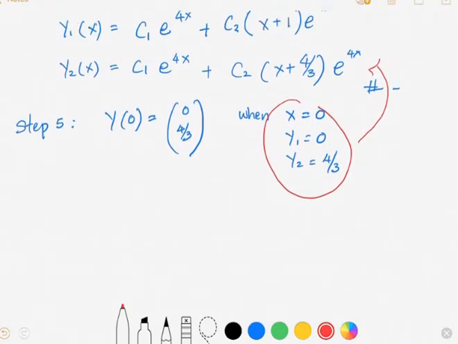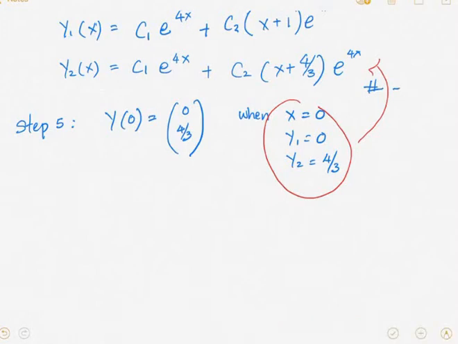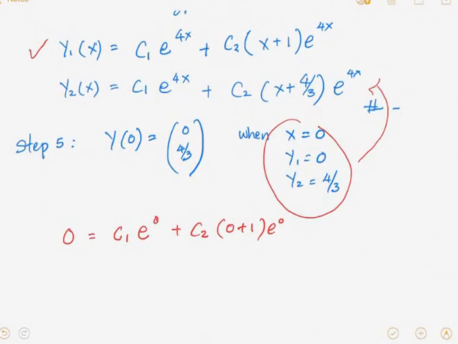We substitute into y1 first. So you have y1 equal to 0 equal to c1 e to the 0 plus c2. X is 0, so you have 0 plus 1, e to the 0.